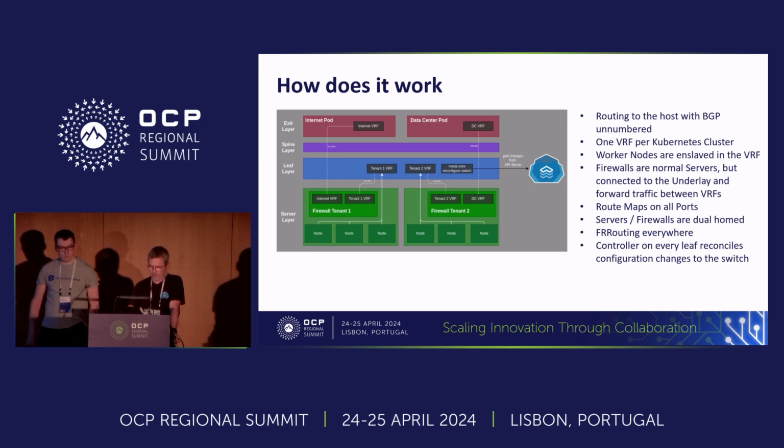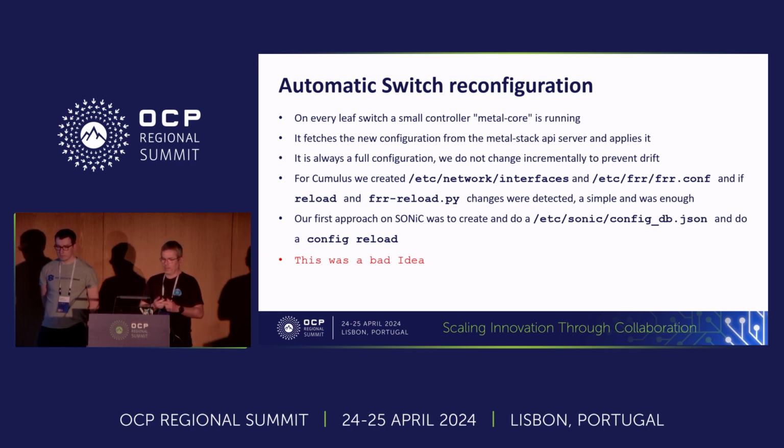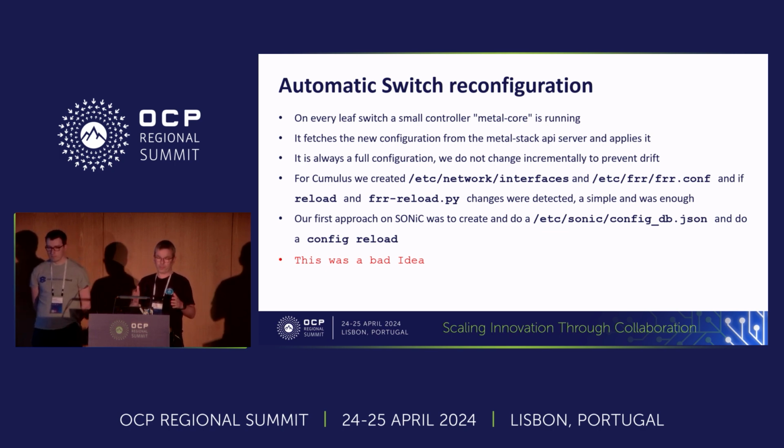So, in the Cumulus days, we created 2 configuration files with this small controller. It creates an /etc/network/interfaces file because Cumulus is Debian, as SONiC is as well, but the whole Cumulus switch configuration is done in 2 files, basically, the network interfaces and the FRR config for the BGP configuration.